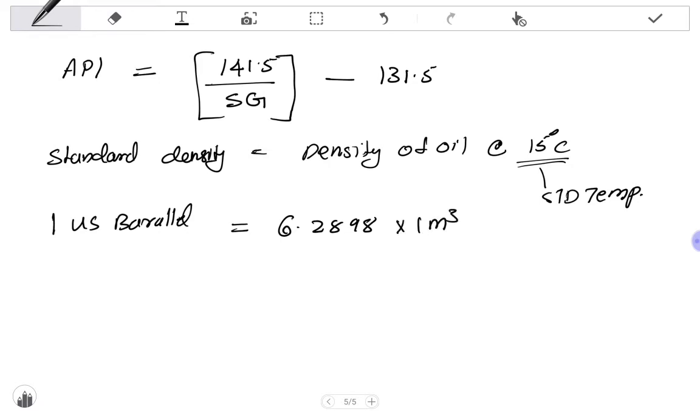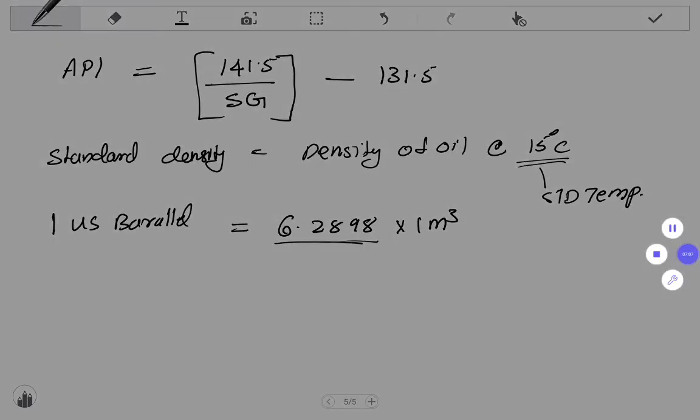Basically, 1 US barrel is equal to 6.28 metric cubes. So if you want to convert 50 metric cubes to US barrels, you multiply this figure by 50. Sorry. I got confused.